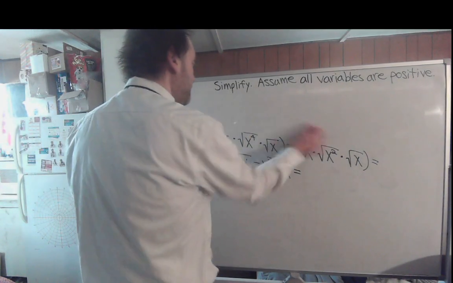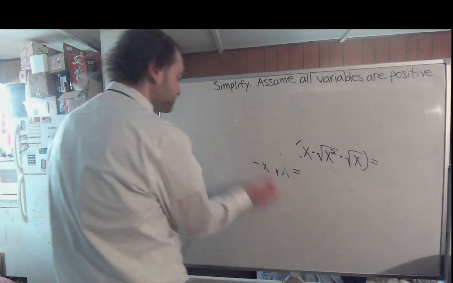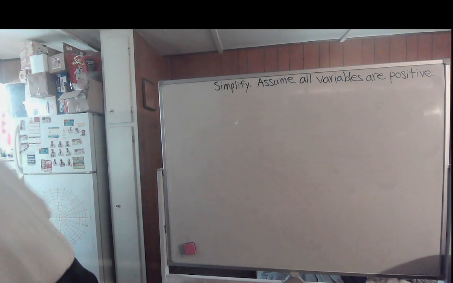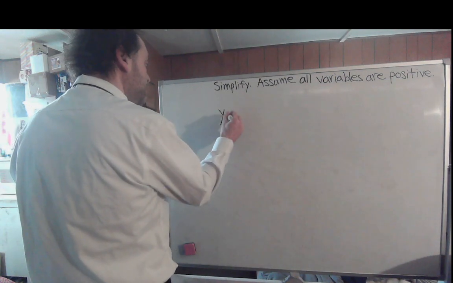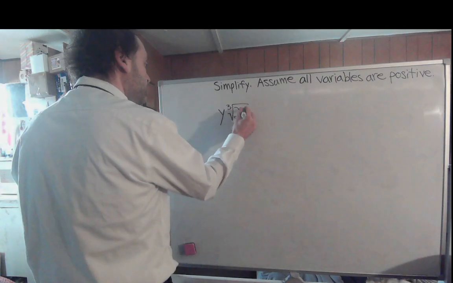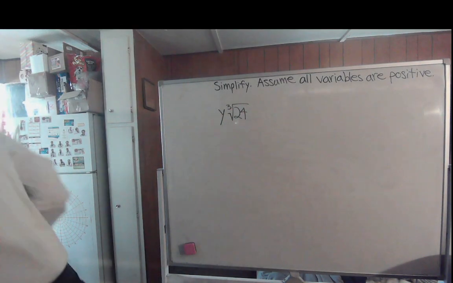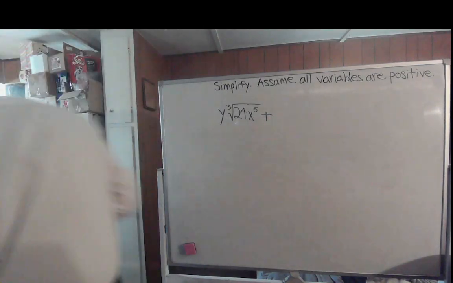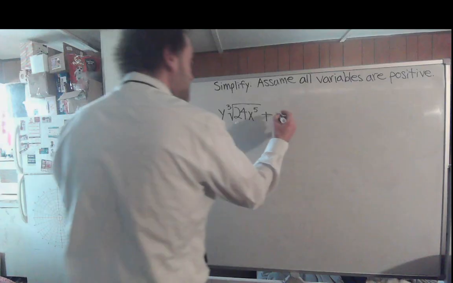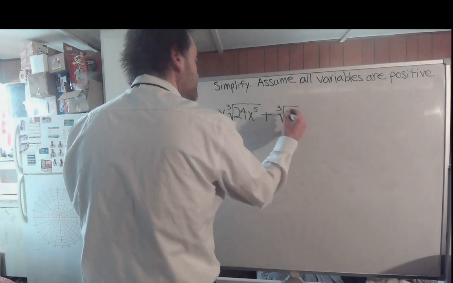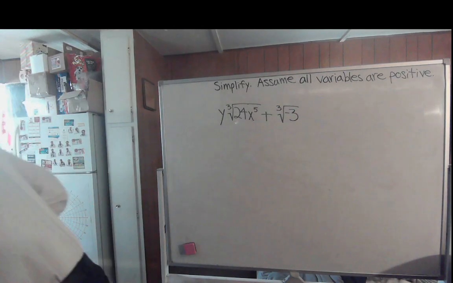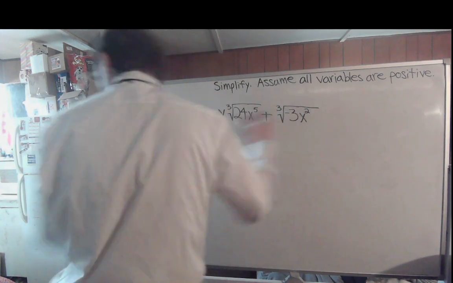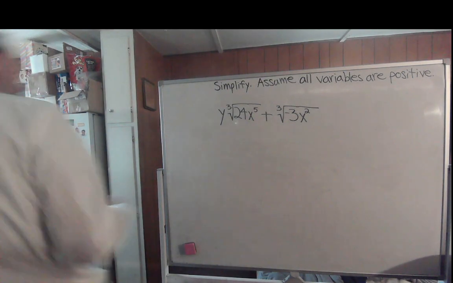I got one more. y times the cube root of 24x to the 5th plus the cube root of negative 3x squared y to the 3rd.